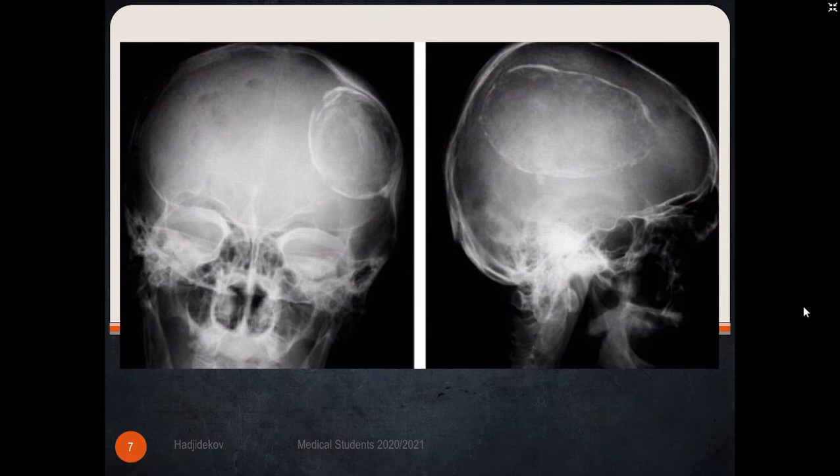We will need further evaluation with CT or with MRI, but here we can say that it's some calcified structure which is very well delineated, and just from basic conventional radiography we can say that in the differential diagnosis it could be a calcified meningioma, but of course we need further evaluation. When we have something like that, we always continue with CT or MRI.